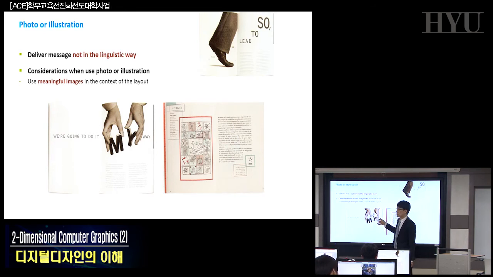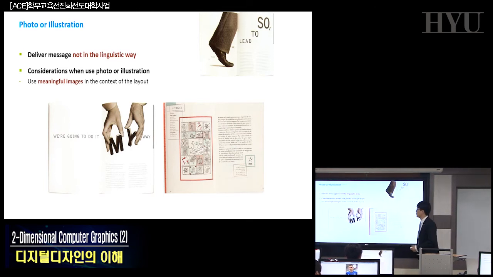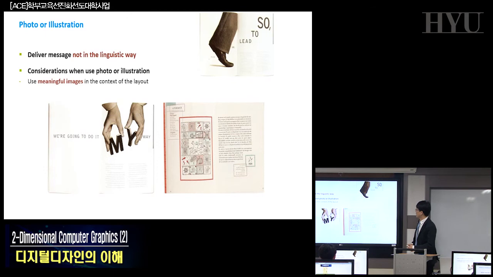That's not unique and visibly not that interesting. But in this case, that kind of illustration, photo, made this visualization very effective and kind of meaningful. Okay, that's my point here.